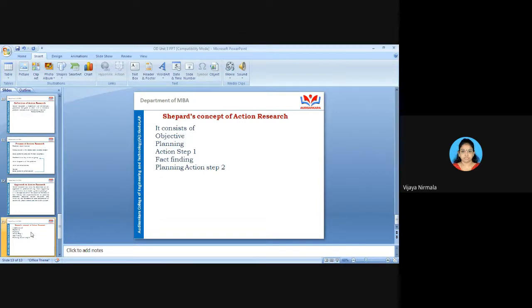So, one scientist by the name Shepherd made a concept of an action research model, showing how to solve a problem. With the diagram, it will be easily understandable. This consists of 6 steps.